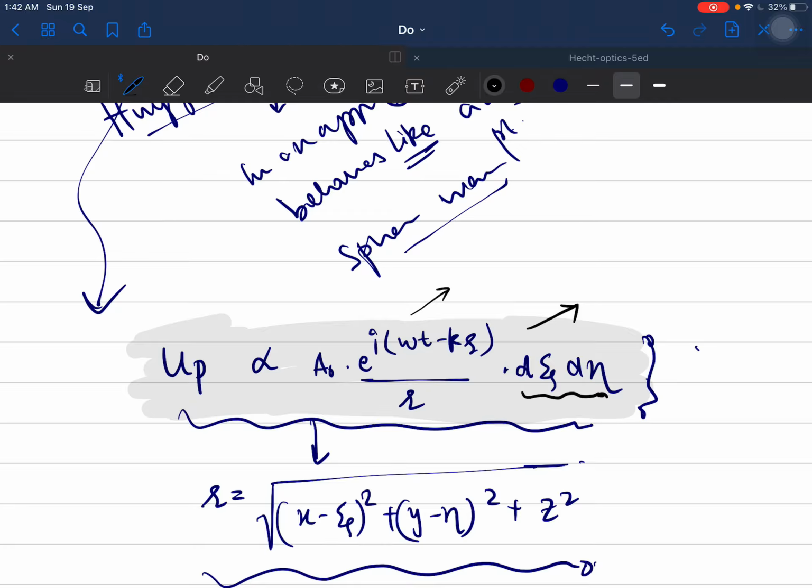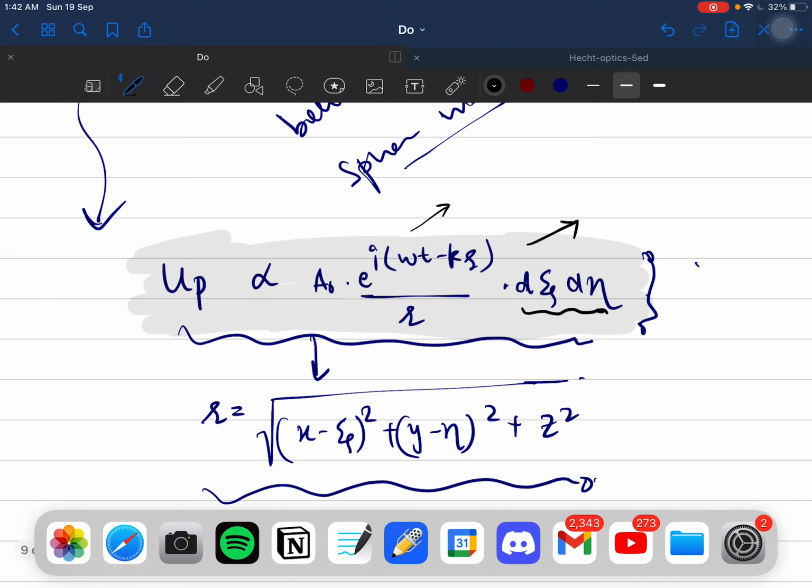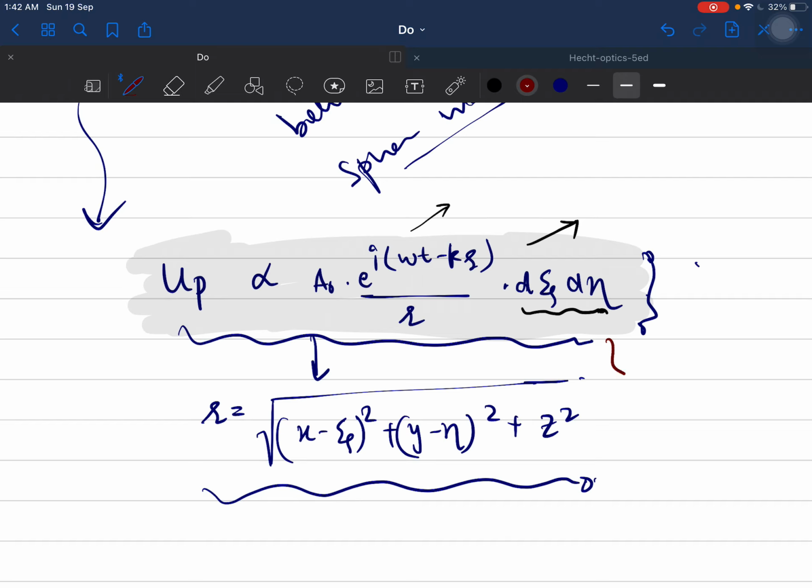It's something to do with the Fresnel-Huygens principle. Exactly. It's like near the aperture. Okay, near the aperture.